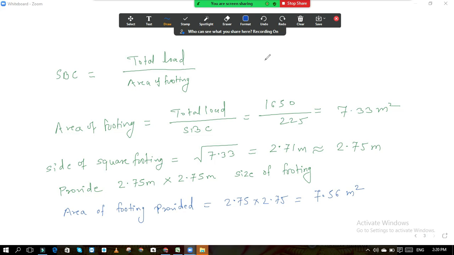Okay. So now calculate the upward soil intensity. See, the footing will come into contact with the soil. The footing rests on the hard strata so that the settlement can be avoided.